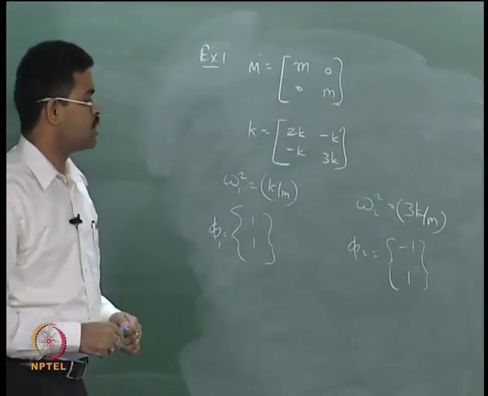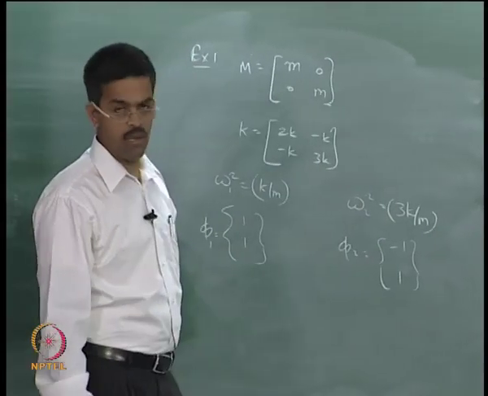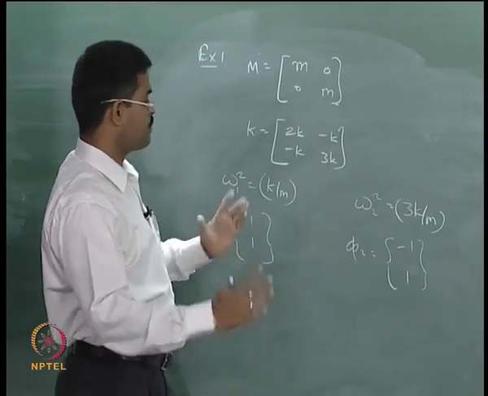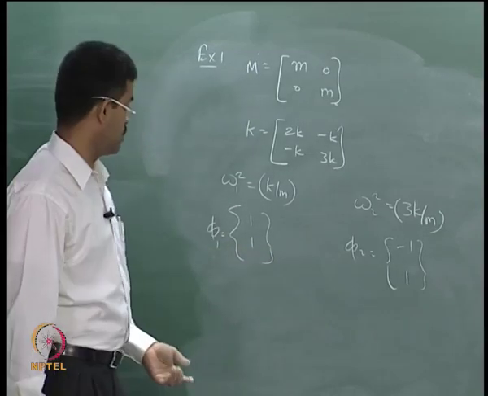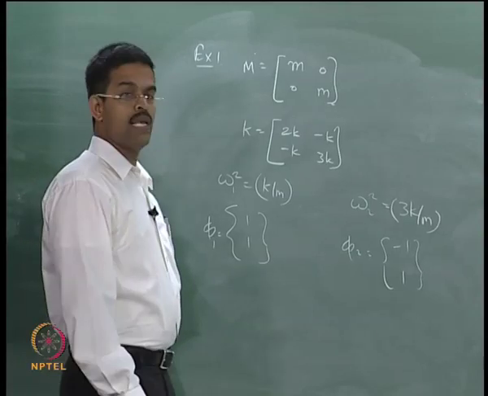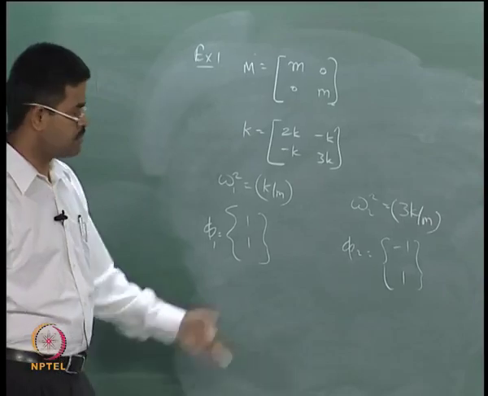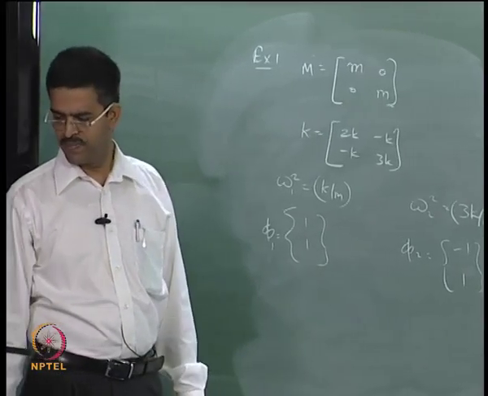So the first step is I want to find the generalized mass matrix. We already know the modal matrix. If they are normal, I can simply form a capital phi matrix or capital P matrix, which will be nothing but 1 1 and minus 1 and 1, but I want to normalize them, so I must divide them by the square root of the generalized mass matrix. First let me find the generalized mass matrix.